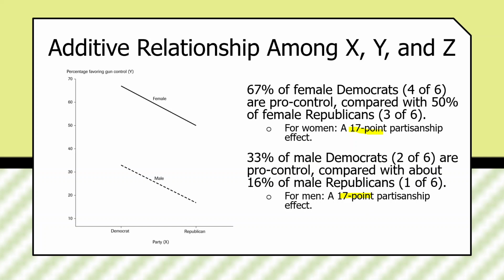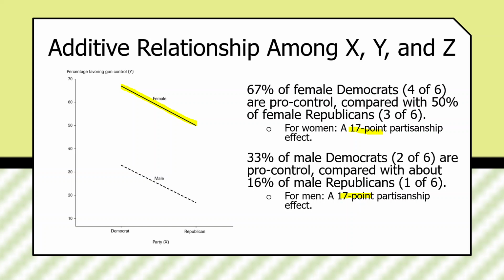Here's what the line chart looks like, and see how much more beautiful this looks than the spurious representation. Here again are the women, and this is the effect as you trace along the line's dropping for women. That means that partisanship is having an effect. It's producing a gradient for women. You know, would someone say, well, isn't gender causing this? No, it can't be, since everyone's a female.